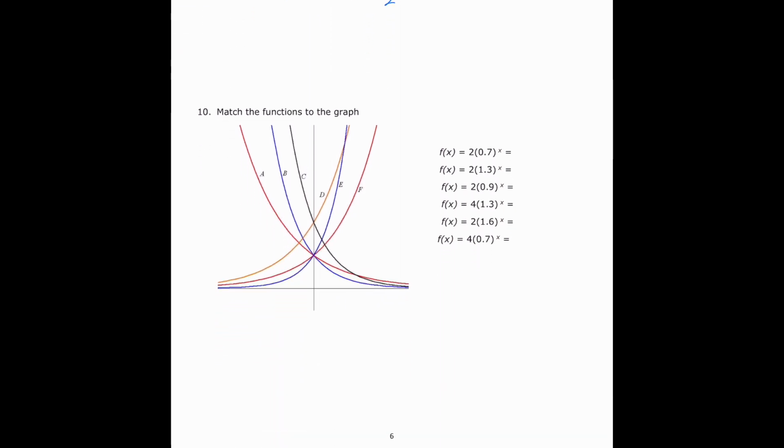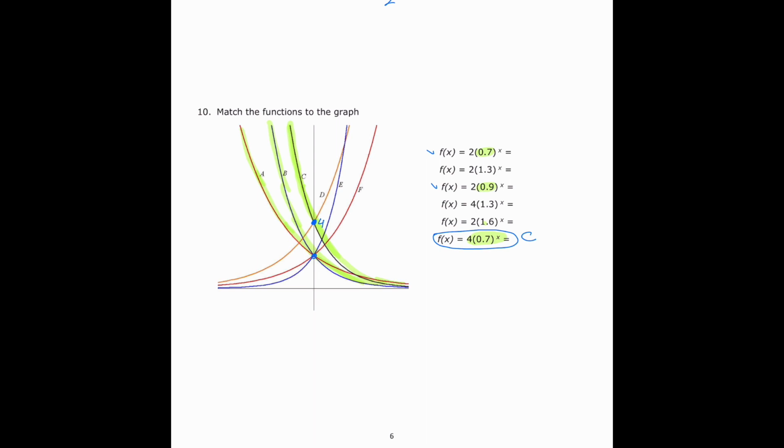The function to graph. I'm going to begin with these functions that are declining, or this is a decay function. The decay function has a base less than 1, so these might be the ones. Now it's just a matter of determining which one is which. Immediately I can tell that C, which has a y-intercept that is bigger than the other ones, so that is 4, I can immediately say that this is function C. Now, to determine A and B, out of these, we're going to look at which base is bigger.